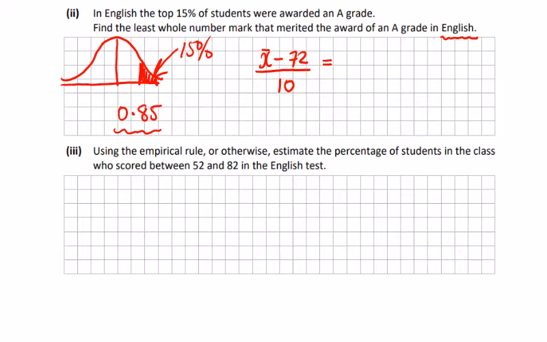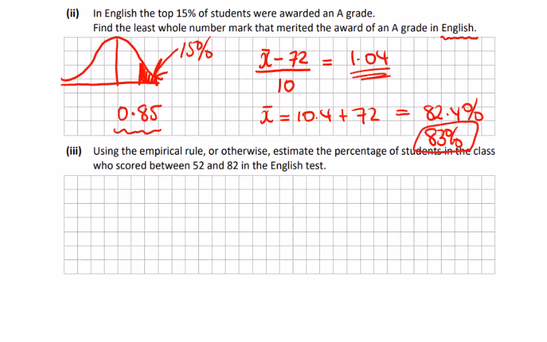The Z-score of 1.04 is 0.8508. 1.04 is going to be close enough, it won't change the overall result here. So we're going to be saying 10 by 1.04, 10.4 plus 72, which is 82.4%. We're looking for the least whole number, so the least whole number is going to be 83%. So if you rounded off the Z-score slightly here, it wouldn't have mattered.